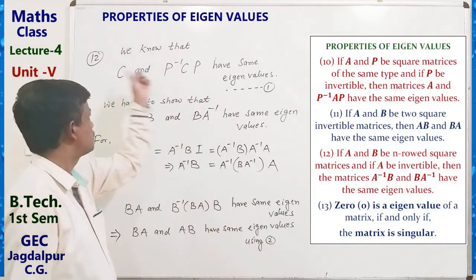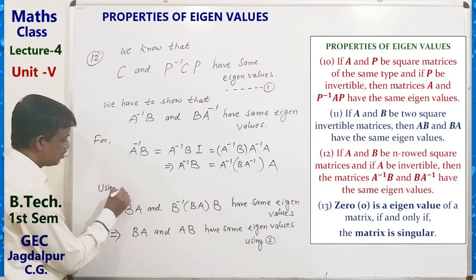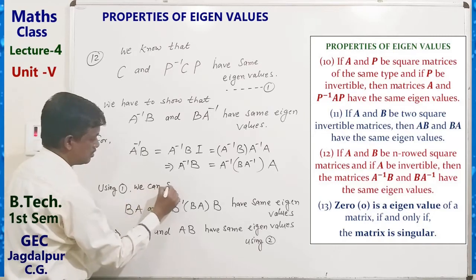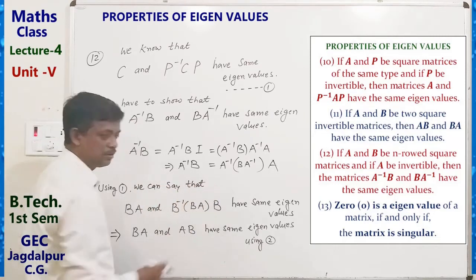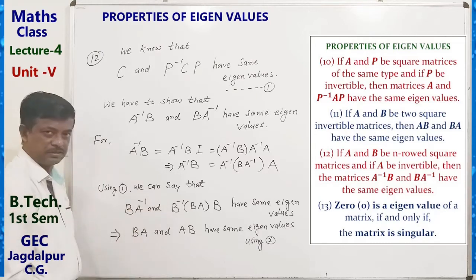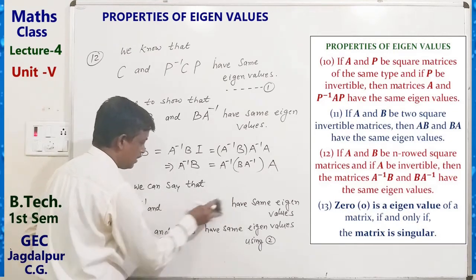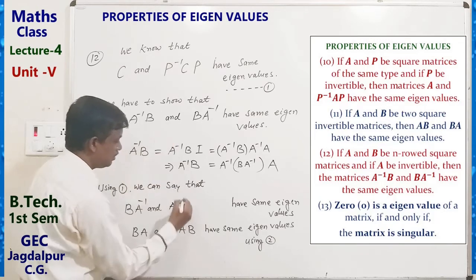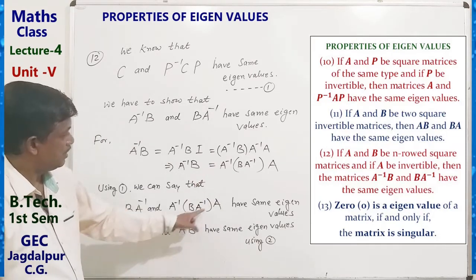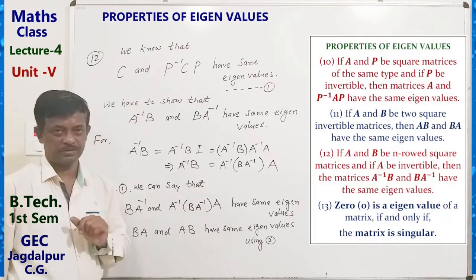Now taking B A inverse in place of C, and A inverse in place of P, we can write using 1: B A inverse and A inverse B A inverse A, with B A inverse in place of C and P inverse, have the same eigenvalues.